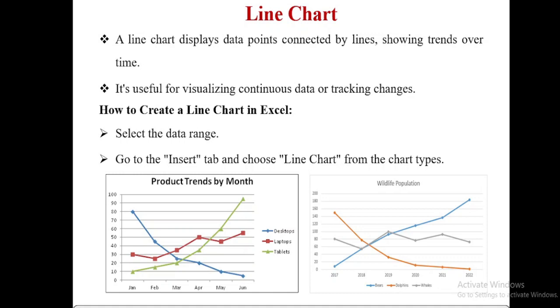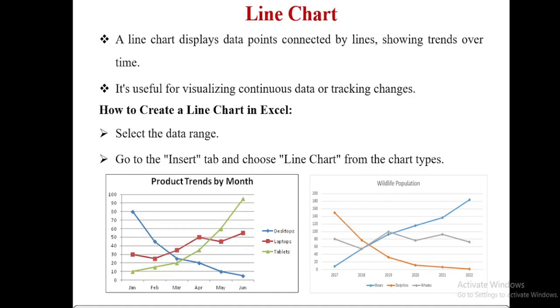But with the help of a simple graph, I can easily correlate the data. So in order to do that, we require different types of graphs or charts. It's useful for visualizing continuous data or tracking changes. You can see how exactly the trend is moving. The trend is moving towards tablets, whereas desktops have been declining. The laptop is in between the desktop and the tablets.